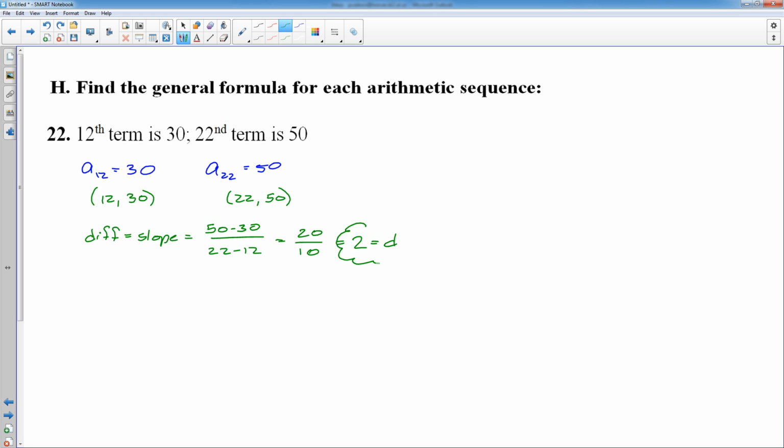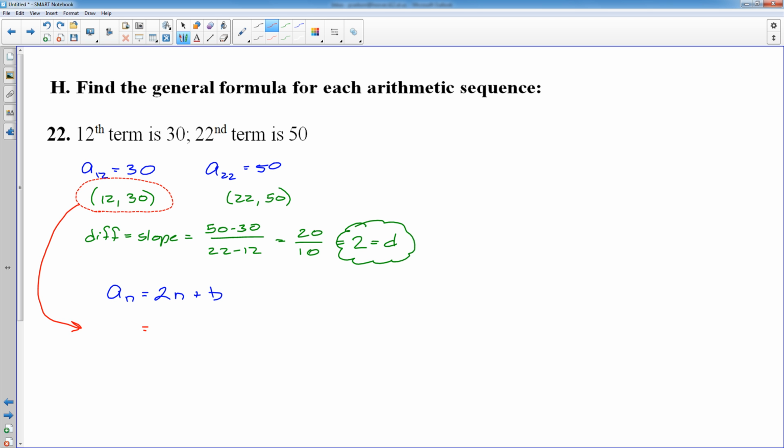So there's my difference. And then I know that the general formula, a sub n, is your common difference times n plus some other number. Then we take one of the ordered pairs. I usually use the one with the smaller number, and I will use 12 and 30 to solve for b.